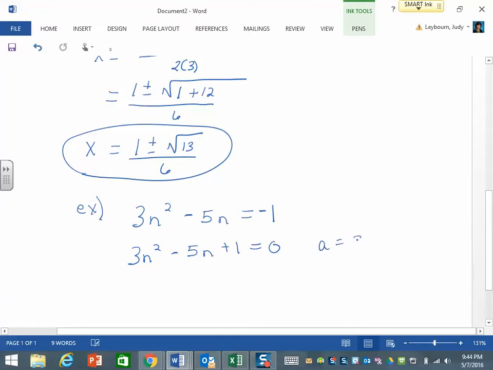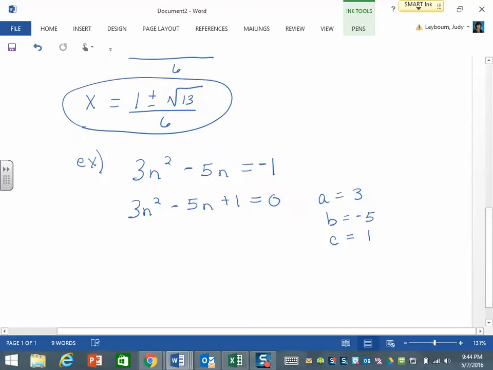A is equal to 3. B is equal to negative 5. And C is equal to 1. So using the formula, we would have N is equal to the opposite of B, which would be the opposite of negative 5, so it would be positive 5, plus or minus the square root of B squared, which would be 25, minus 4 times A times C, all over 2A, which would be 6.